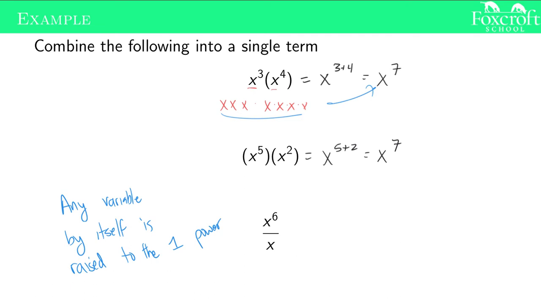Just like when we were doing fractions, any number you can just put over 1 to make it a fraction. Any variable you can always just put a 1 as the exponent. It's kind of just an invisible number we don't have to write because it doesn't really change anything. But this helps us see that now we can do this as we're dividing, so we subtract the exponents. It's always the top one minus the bottom one, and we get x to the fifth.